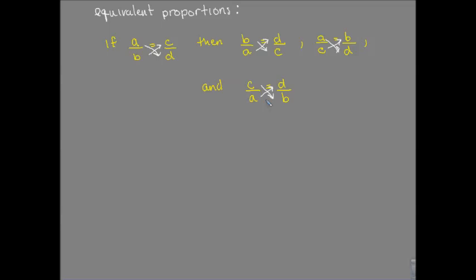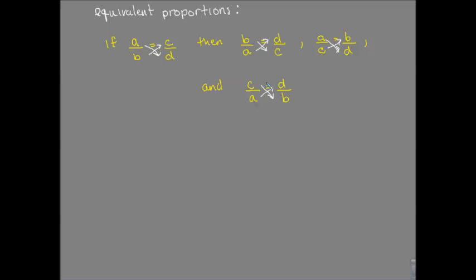Usually this is to make things easier when you look at them, like if you're setting up the proportions yourself. Personally, I like to put the smallest number on top and the larger number on the bottom because that looks prettier to me. But you don't have to, because as you can see, I can put A over B or I can put B over A. As long as these two numbers always get multiplied, B and C, the arrangement can change.